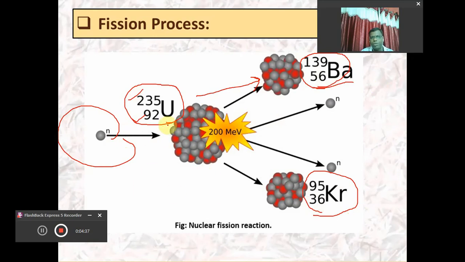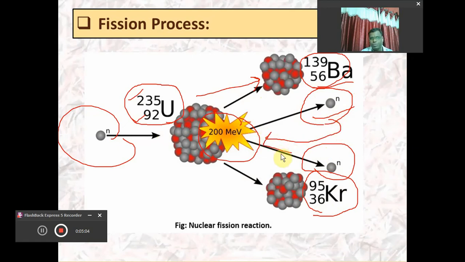During the formation of these lighter nuclei, there is a liberation of a large amount of energy, nearly 200 million electron volts, and at the same time there is a liberation of neutrons. These are fast moving neutrons, and whenever these neutrons are again converted into slow neutrons, they are again responsible for the same process, that is, the fission process.